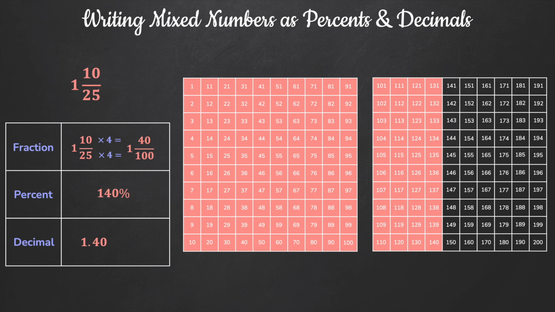Then as a decimal, we have 1 and 40 hundredths because we have one entire grid shaded, so we have one whole. And then our second grid has 40, so we're going to have 40 out of 100, so that's 40 hundredths. So we have 1 and 40 hundredths. Or we could rewrite this as 1 and 4 tenths because we could drop the 0 and the decimal would still be equivalent.